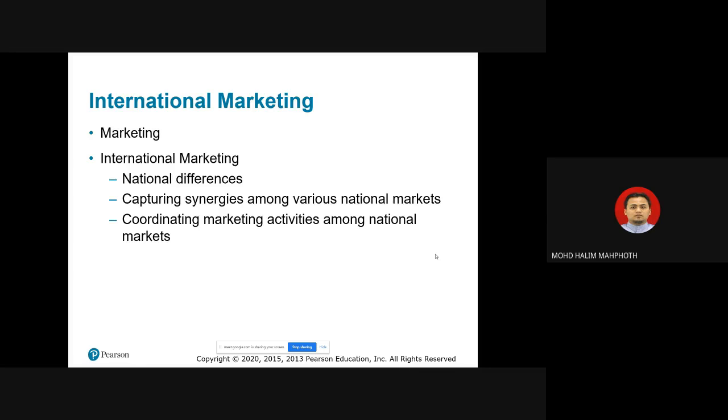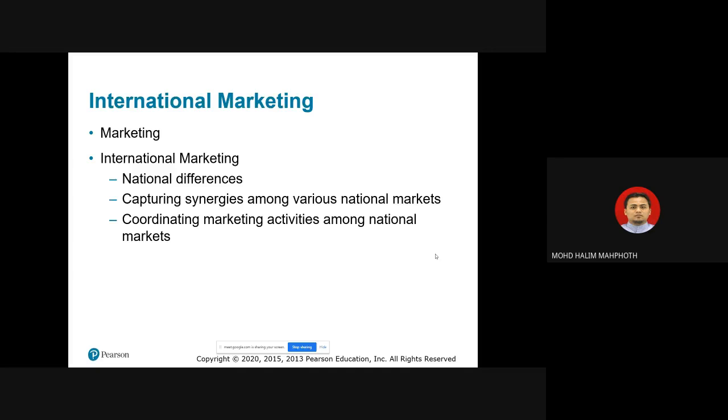Capturing synergies among various national markets. Why do we go abroad? We try to seek synergy. What is synergy? Synergy is a part of collaboration which will give more impact, benefits, and advantage for your company.